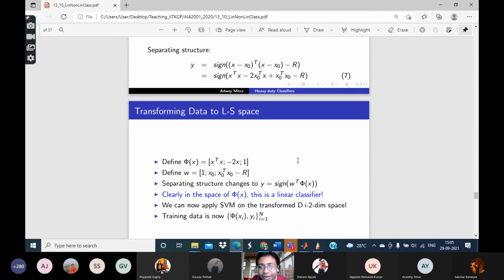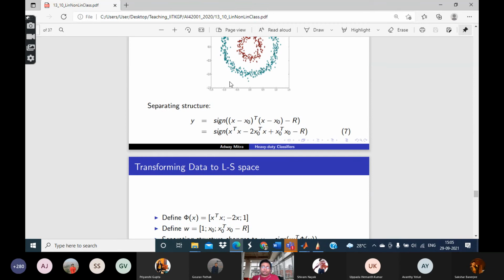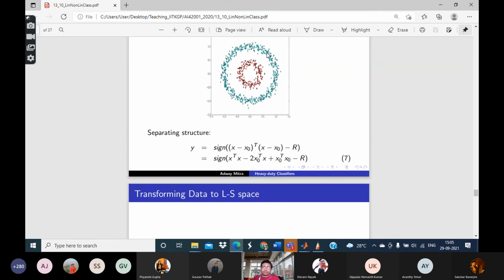Of course, the problem is that in this case I got phi x and I got w by inspection. Again, this is two-dimensional. There are relatively few data points. The separating nonlinear structure is very clear.